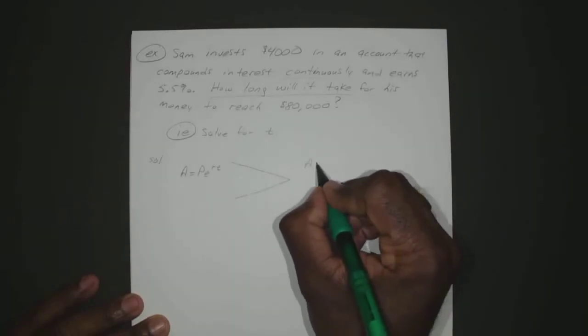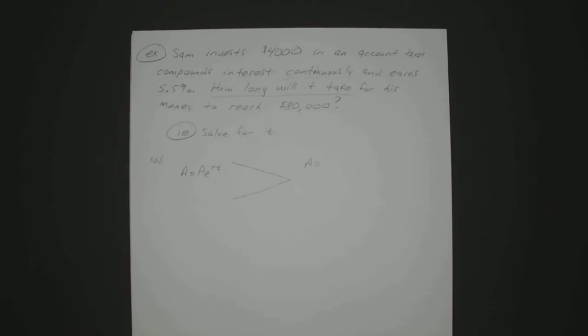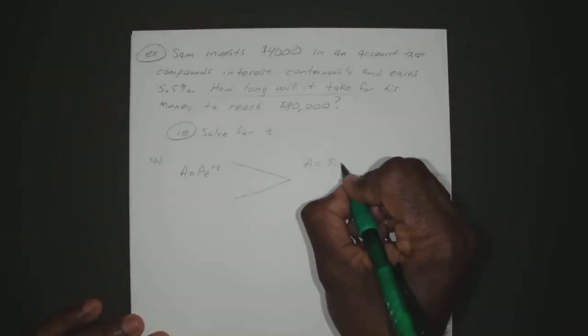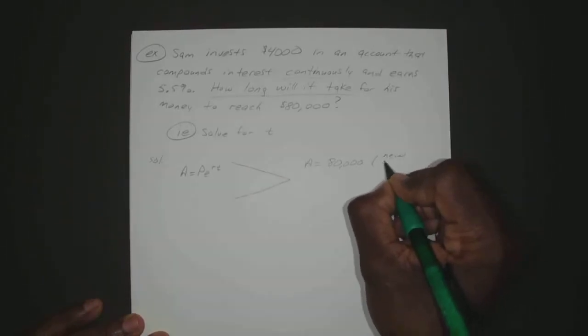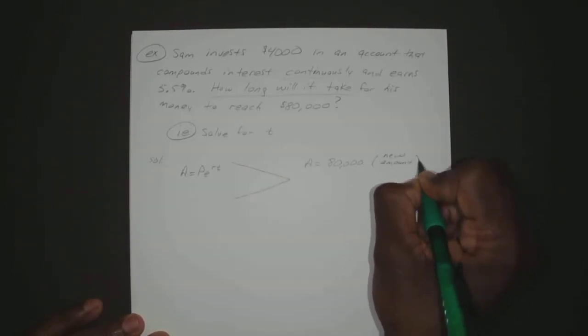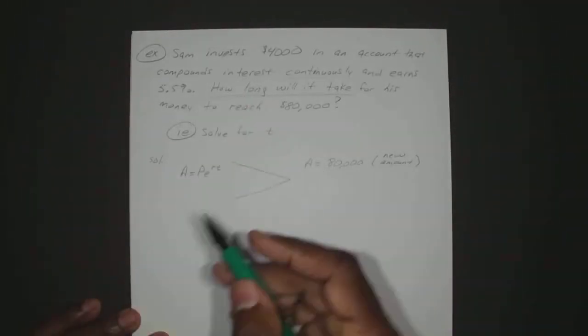Our A will be $80,000 because that's our new amount, which means the amount we started with is our 4,000.